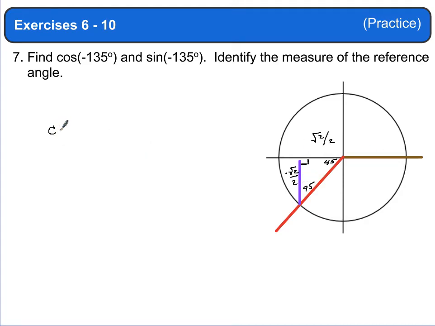So if I want to know the cosine of negative 135, these are both negative, negative square root of 2 over 2, and the sine of negative 135 is going to also be negative square root of 2 over 2.